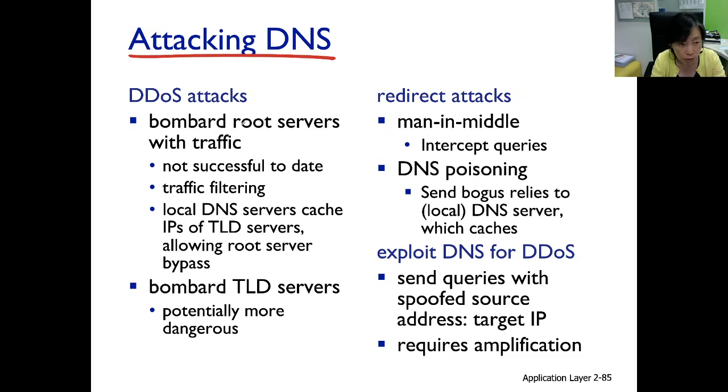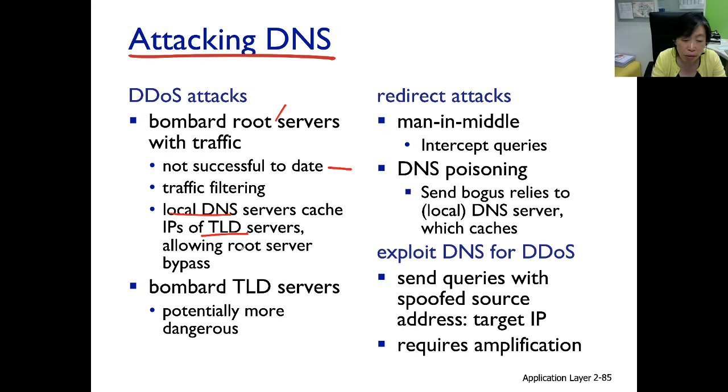So let's go back to attacking the hierarchy. A hacker could actually hack a number of machines around the internet and have these machines bombard the root servers with lots of DNS queries. Having very few root servers around, this can potentially be dangerous and bring down the DNS service entirely. But nowadays it's hard to pull off, mostly because the local DNS servers cache the TLD servers.